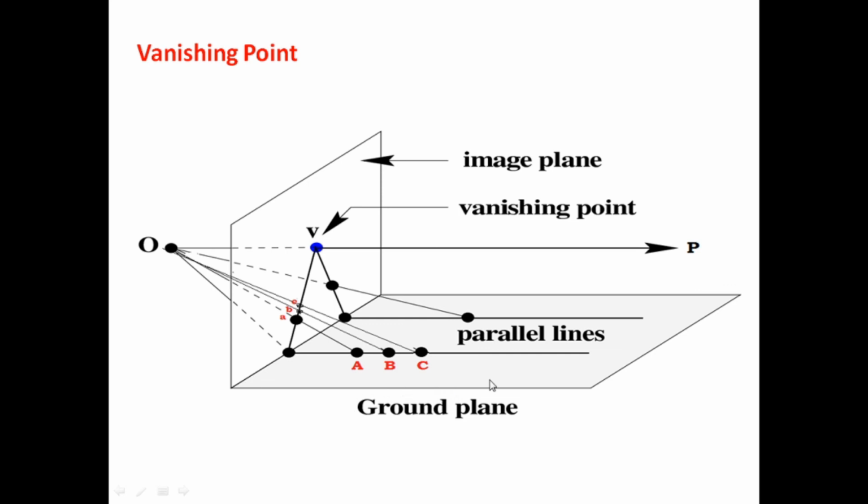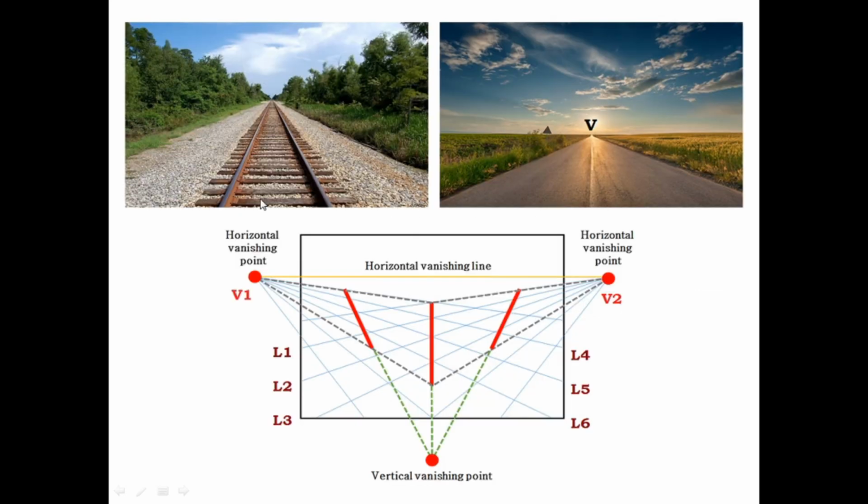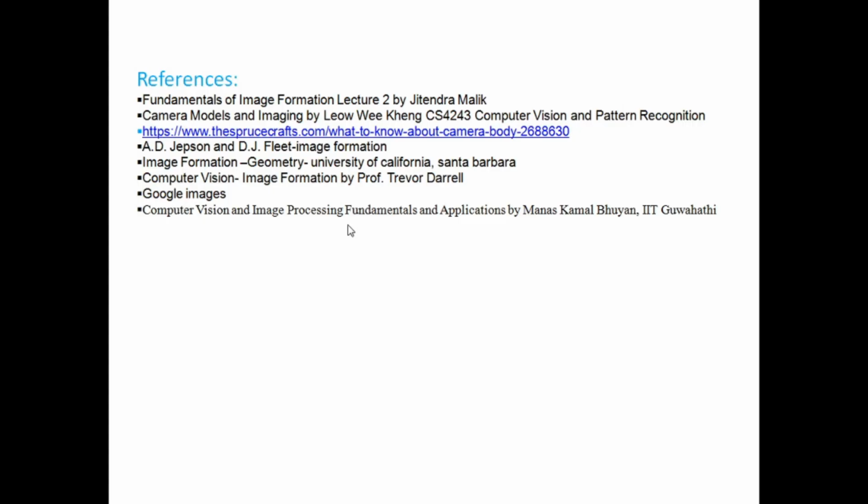Another way to explain the vanishing point concept is this: if on the ground plane 2 lines run parallel to each other, like railway tracks, there will be a vanishing point. This point I am going to call a vanishing point.